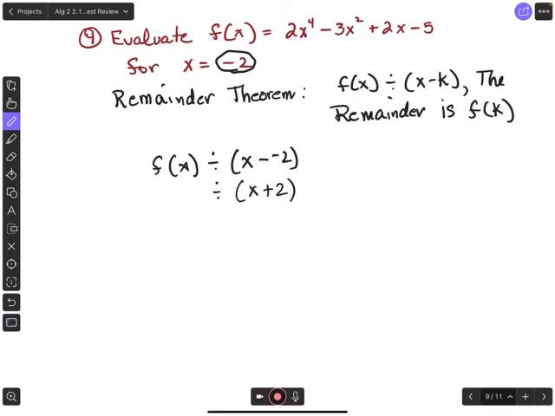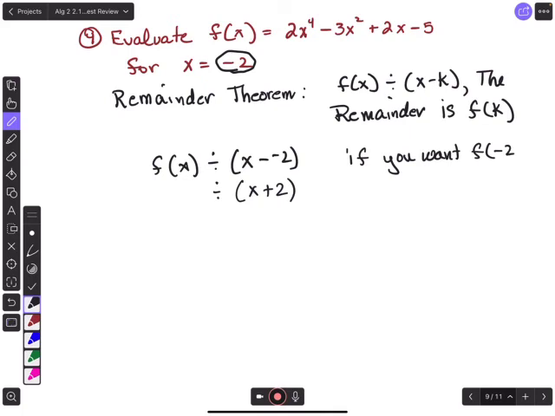Now that gets a little bit confusing for a lot of students. So to make it really simple, if you want the f of -2, use -2 in synthetic division.